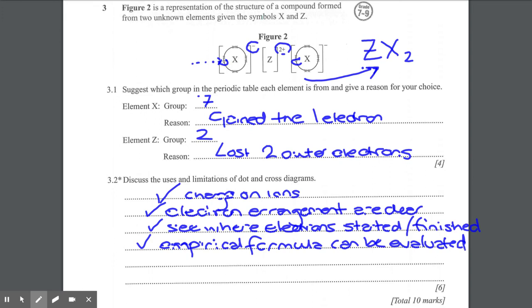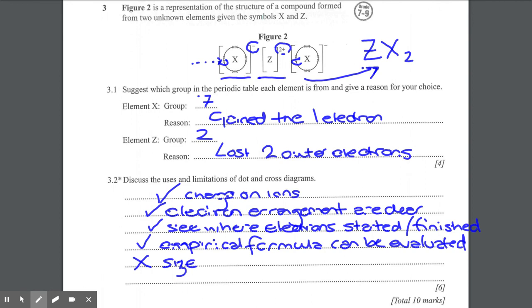Now, the problem of certain things, though, is that there's no three-dimensional representation. There's no size to these things. It's very difficult to see whether or not these things are twice as large. I mean, the X and the Z substances here are all roughly the same size because that's generally just how we draw them.